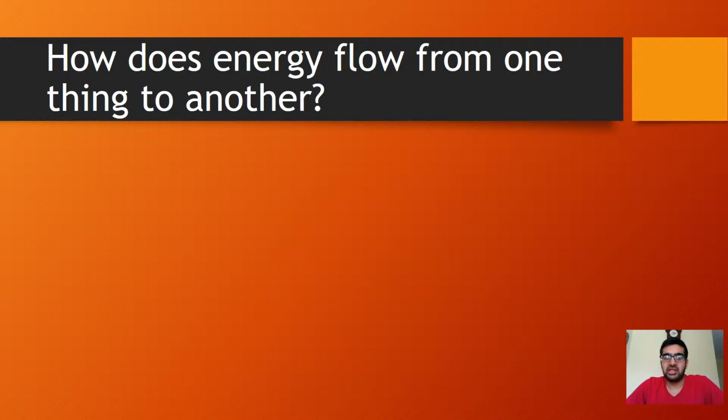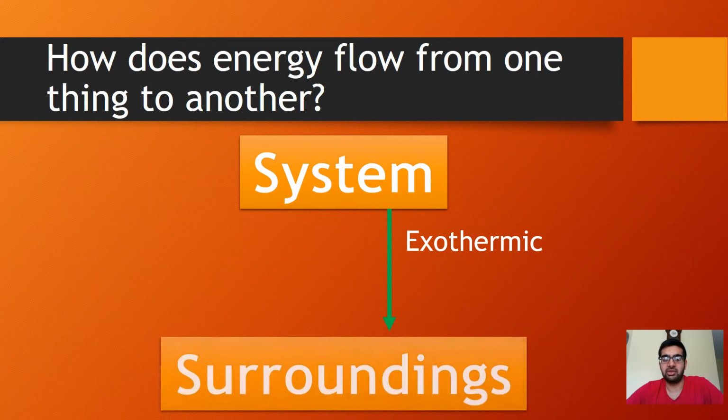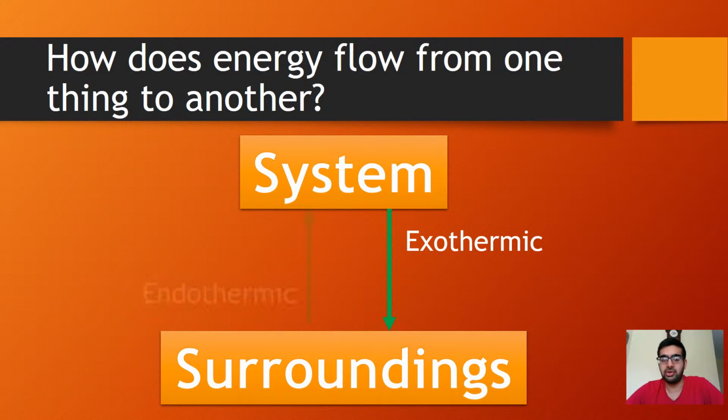So the system, which is either us or whatever is taking in or releasing energy, can either release energy in an exothermic reaction to the surroundings, or they can take in energy from the surroundings in an endothermic reaction. There's those words again. Either taking in heat in an endothermic reaction or giving off heat in an exothermic reaction.